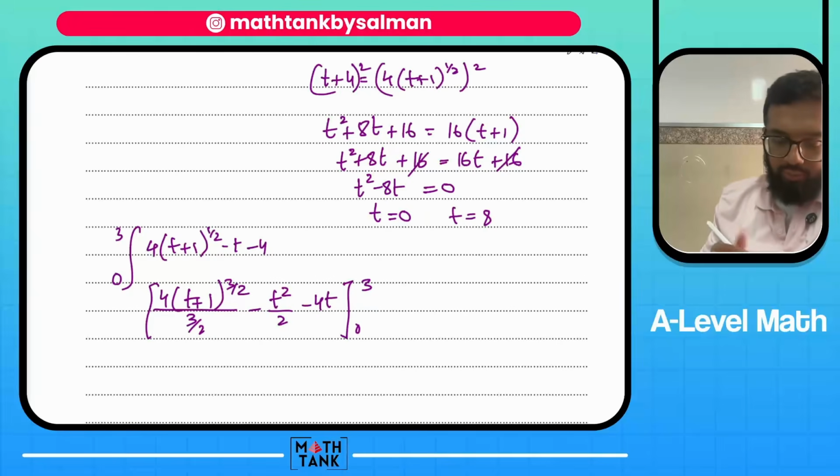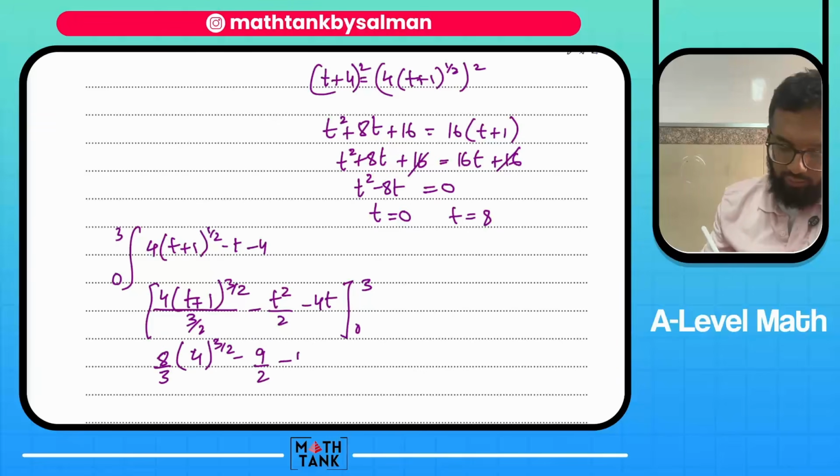Okay, so 8 over 3, 4 power 3 over 2 minus 9 over 2 minus 12, minus 8 over 3, 1 power 3 over 2 minus 0 minus 0.